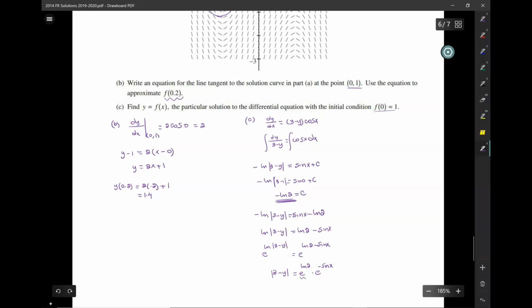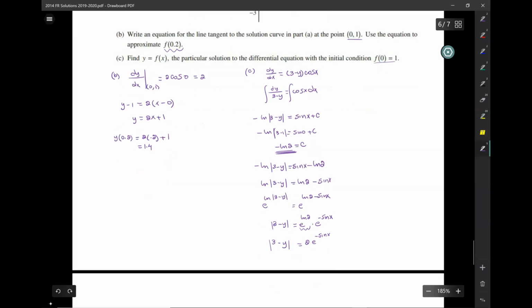But what is e to the ln of 2? That's just 2. 2 e to the negative sine x equals 3 minus y in absolute values.